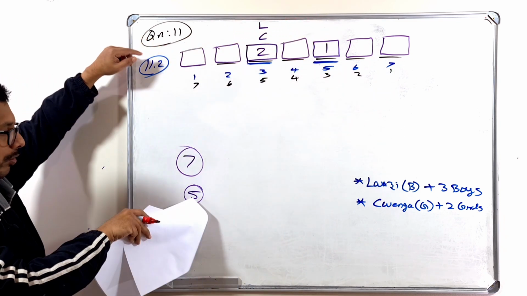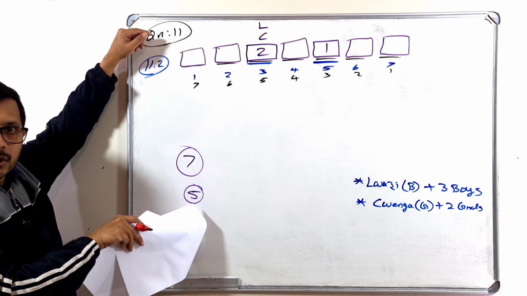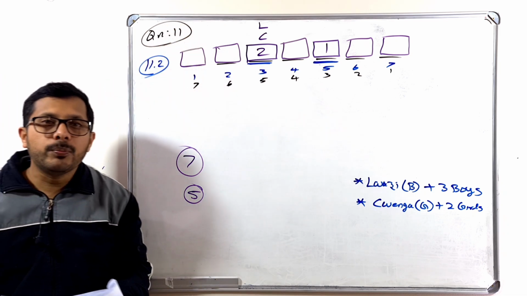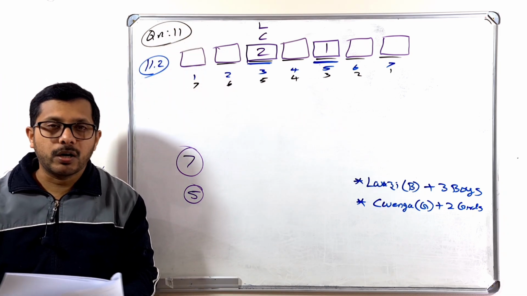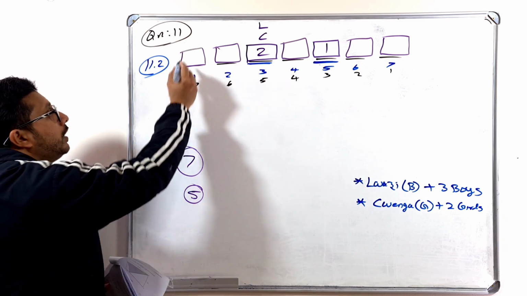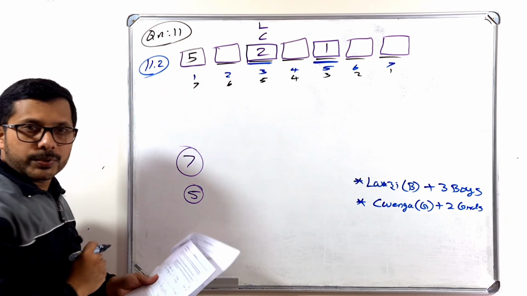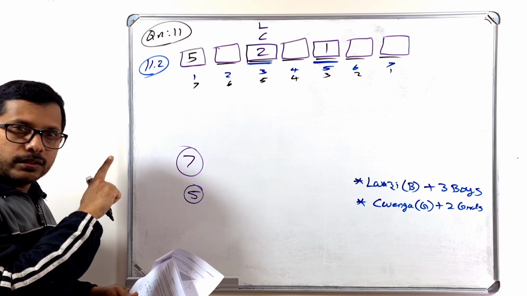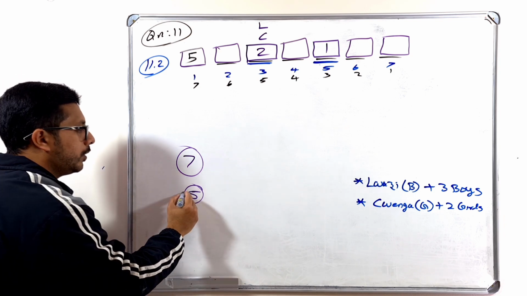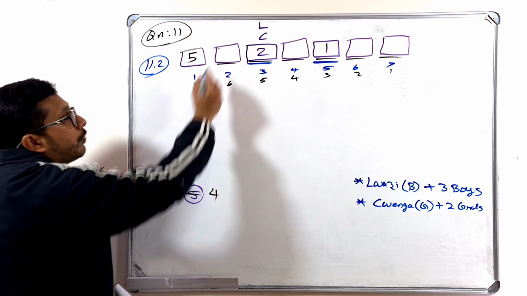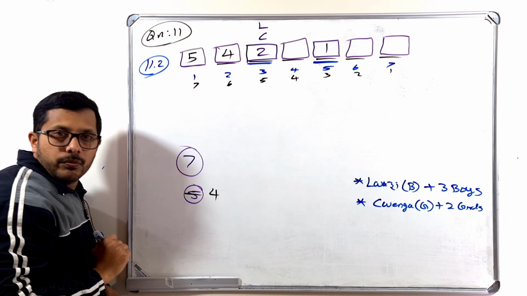That means I have 5 options here, anyone out of the remaining 5 can sit there. Assume one is seated. Now the remaining is 4, so for this position to be filled, 4 options.